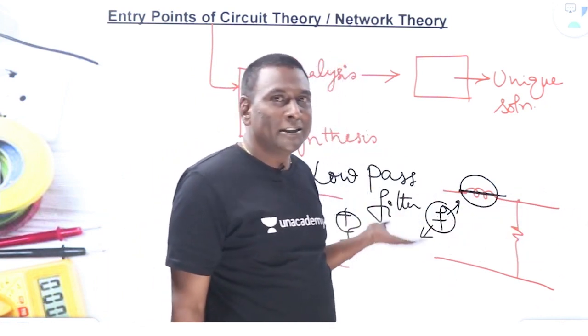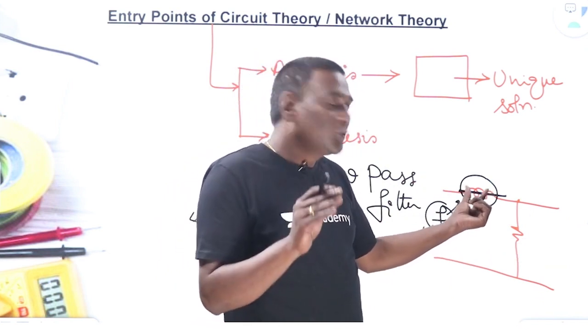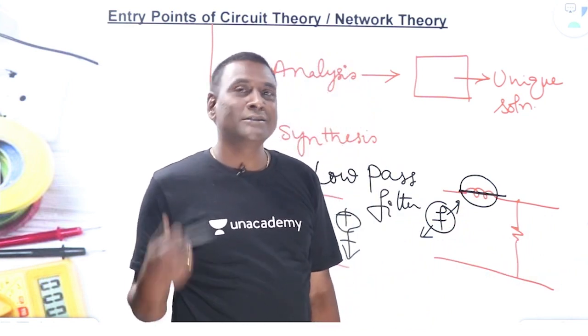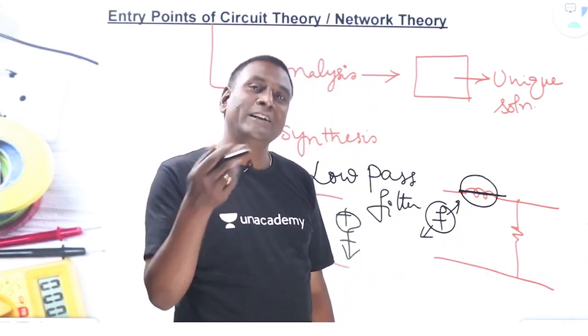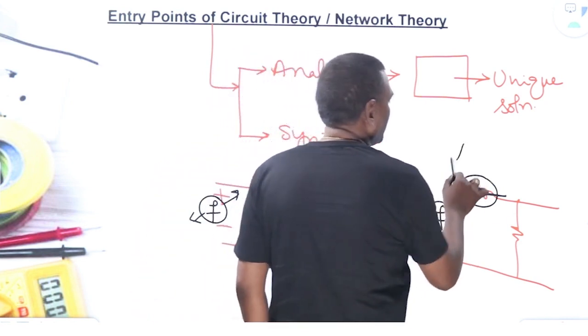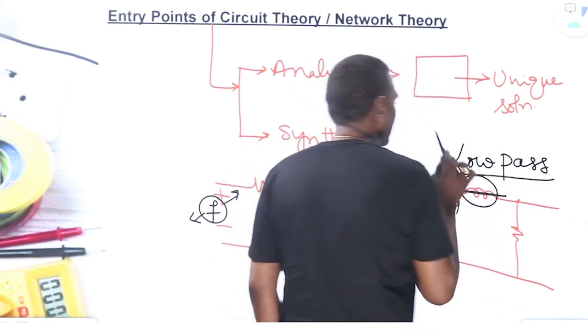And if you keep on increasing frequencies, the reactance offered by this will keep on increasing. So because of that, the output voltage will keep on reducing. For low frequencies, high output. For high frequencies, low output. Meaning that it is also a low pass filter only.